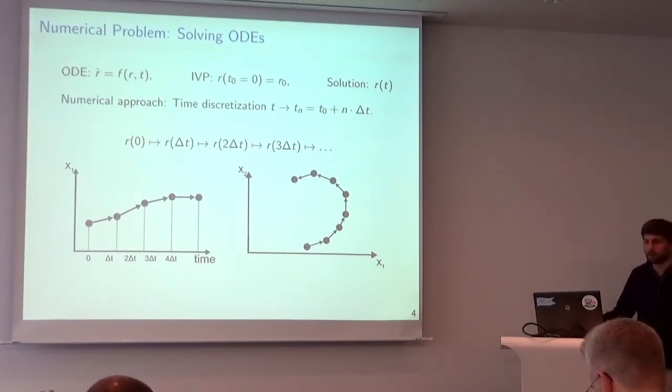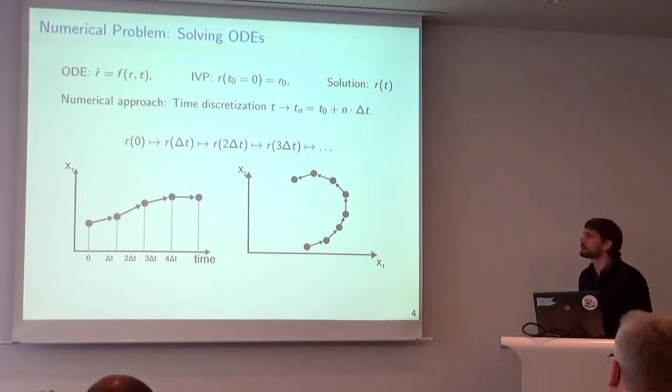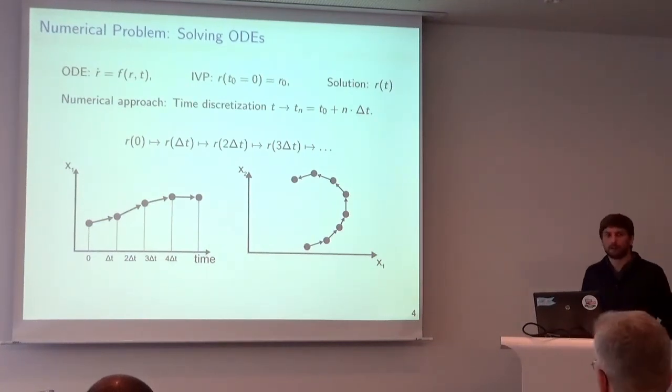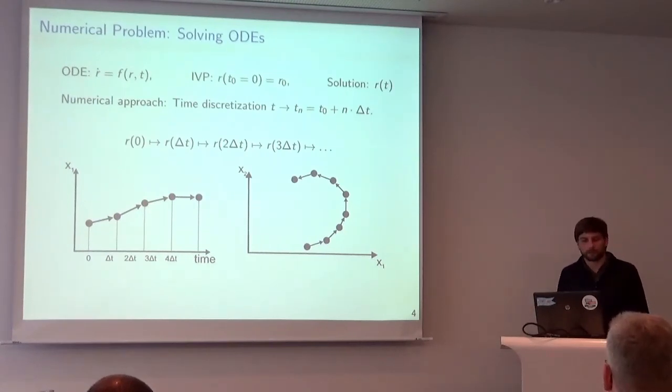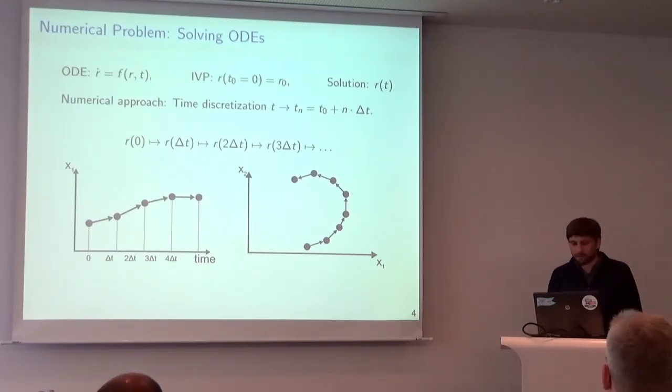For example, also neural networks, which I'm currently working on in computational neuroscience. It's just one huge, gigantic network of ODEs, essentially. So this is an everyday problem in physics. I spent my whole PhD solving ODEs, and I'm still spending my time right now solving ODEs. So this is a crucial problem in numerical physics.